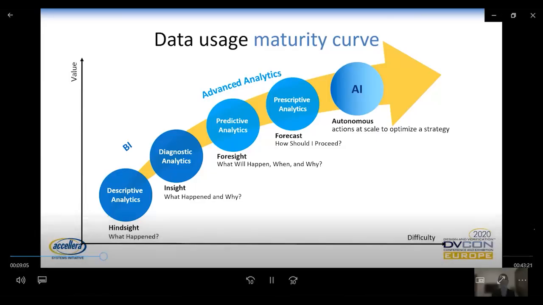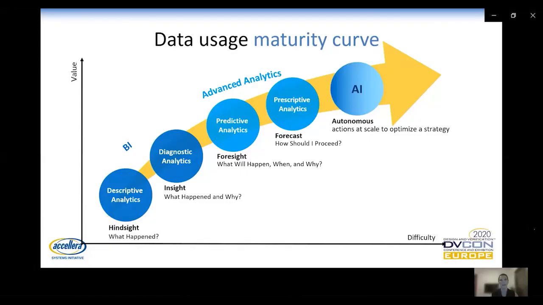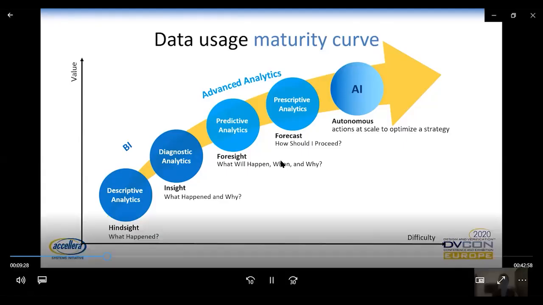We have a capability that in real time has the ability to predict what is going to happen, what is the next step, or what is the action that needs to be performed in order to optimize a certain strategy, and can do that at a very high scale, and we will talk about that and see a few examples later on in the presentation.